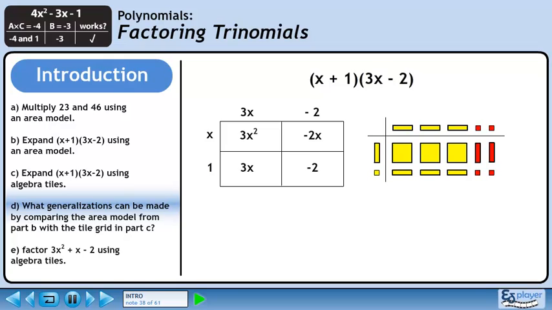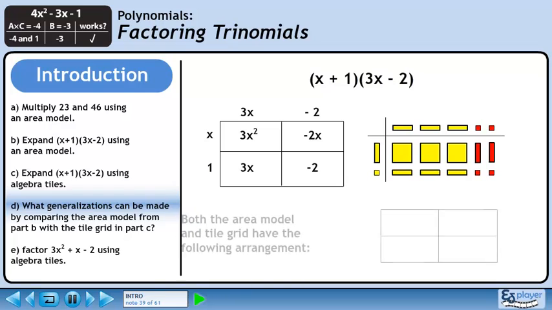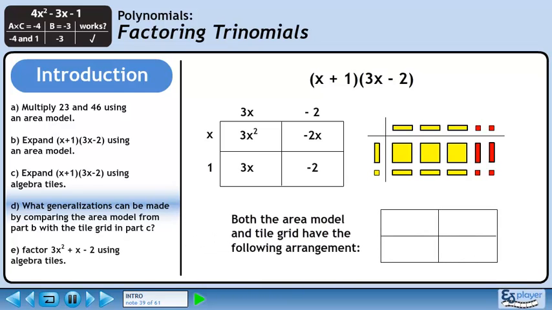In Part D, we're asked what generalizations can be made by comparing the area model from Part B with the tile grid from Part C. Both the area model and the tile grid have the following arrangement. The top left rectangle contains x squared terms.